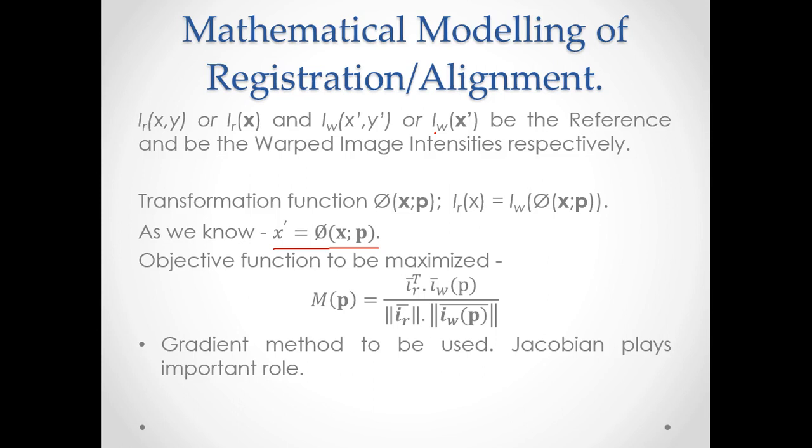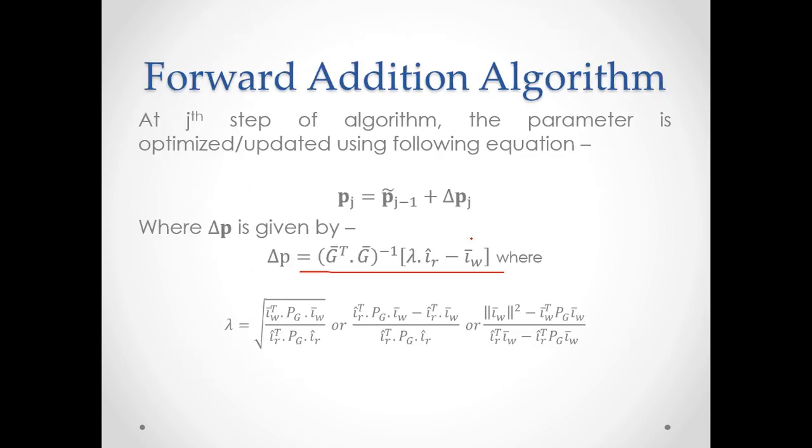Now in our algorithm, we try to remove this photometric effect, because photometric transformation will always be there. So we have to devise an algorithm which is less susceptible or not susceptible to any sort of photometric distortion. So what we do is, we subtract the intensity vector of the reference and the warped, and we normalize it with the norm of this vector.